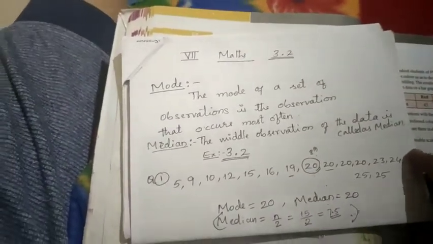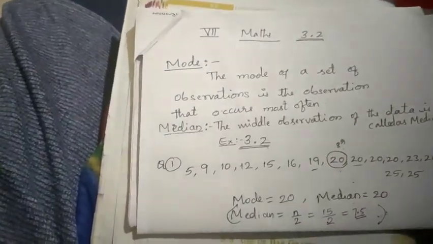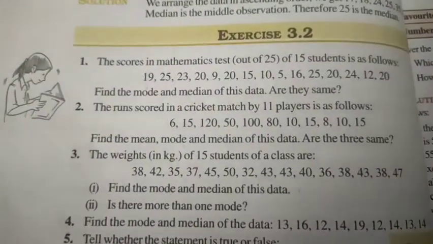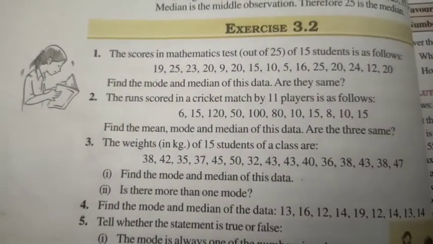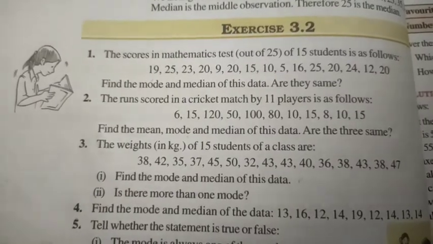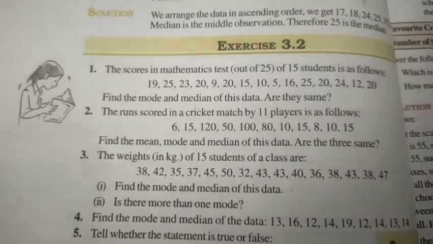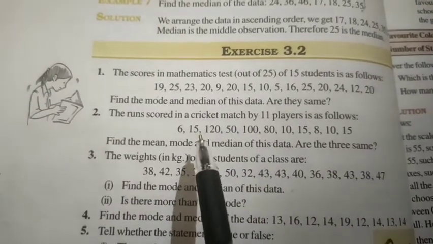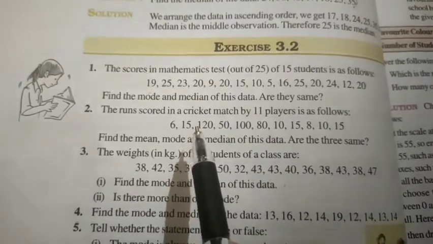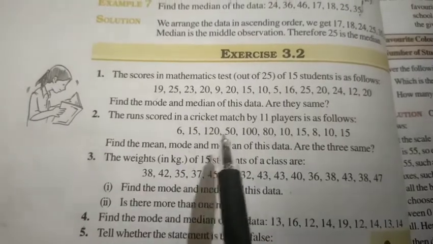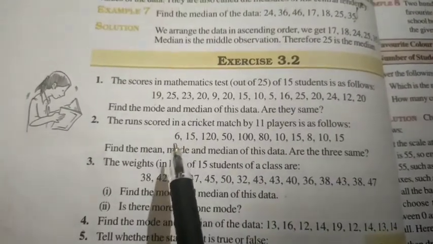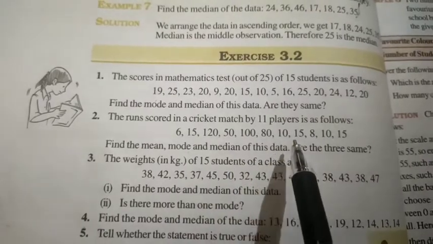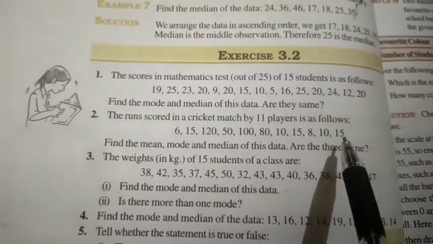Now, let's see the second question. The runs scored in a cricket match by 11 players is as follows. They have given the runs scored in one cricket match by 11 players, so 11 observations are there: 6, 15, 120, 50, 100, 80, 10, 15, 8, 10, 15.